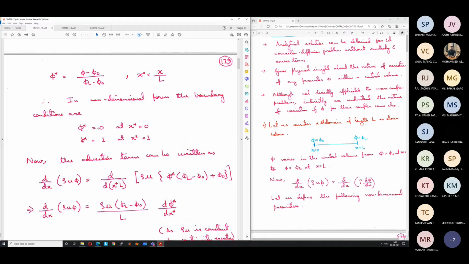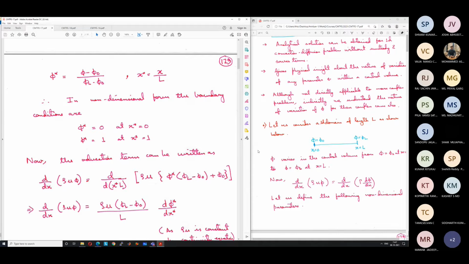And at x star equal to 1, means at x equal to L, phi star is equal to, you can put phi is equal to phi L, so phi L minus phi 0 by phi L minus phi 0, so it is 1. So phi star is equal to 1 at x star equal to 1, and phi star equal to 0 at x star equal to 0. Okay. So the non-dimensional values are 0 and 1 at length 0 and 1.